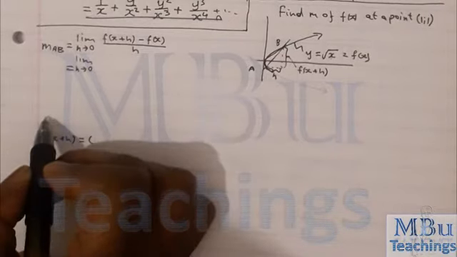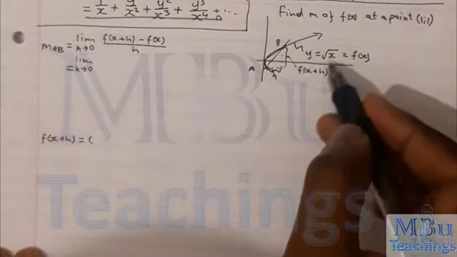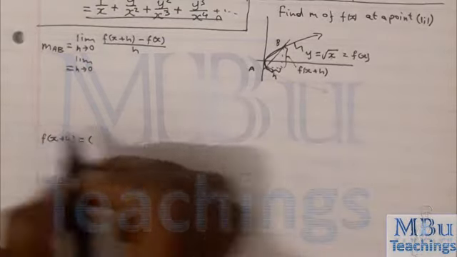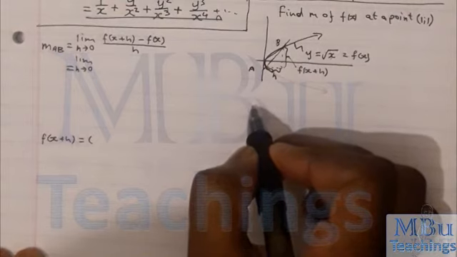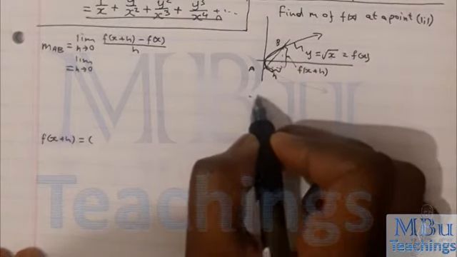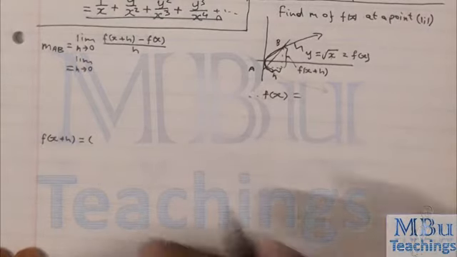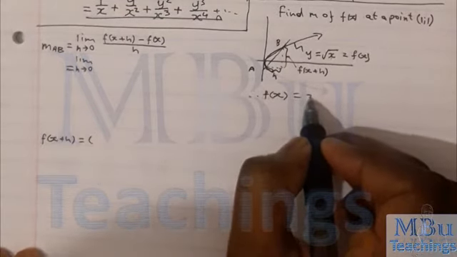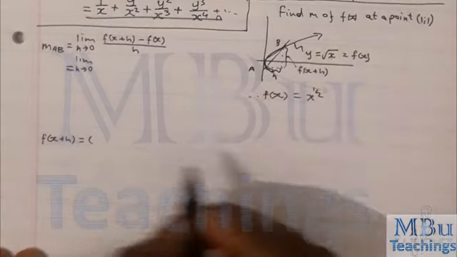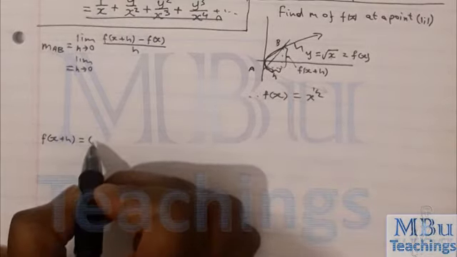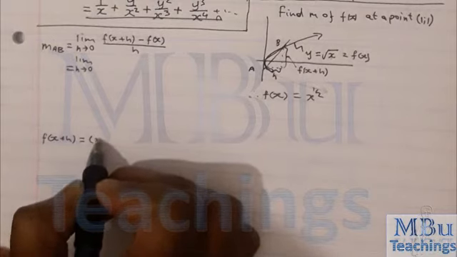First things first, you'll have to change your f of x. Therefore f of x is equal to x to the power half. So you have changed it to be in exponential form.